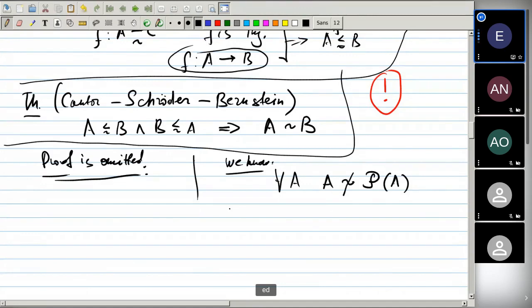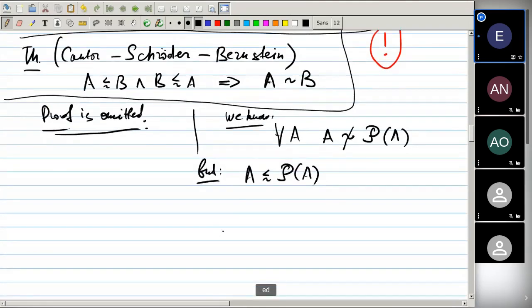But on the other hand, there is an injection from A to P of A. Please construct this one. Is it possible to injectively map some arbitrary set to the set of its subsets?